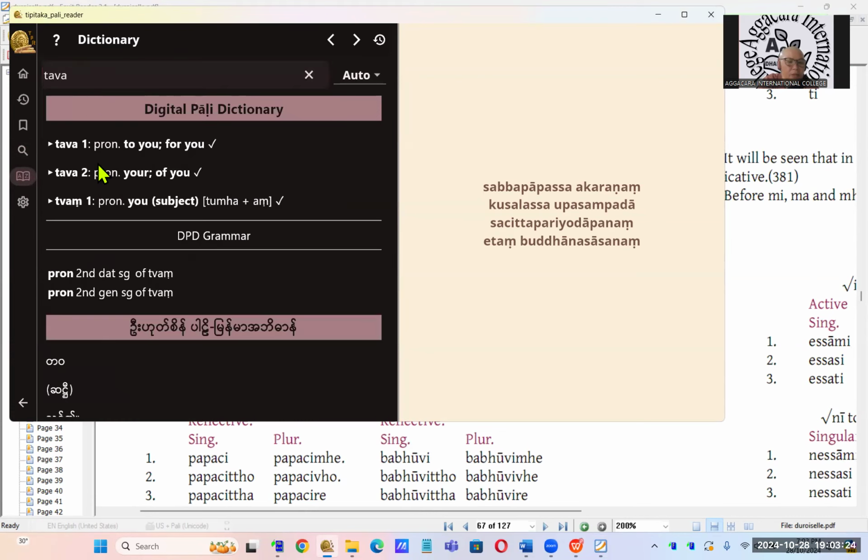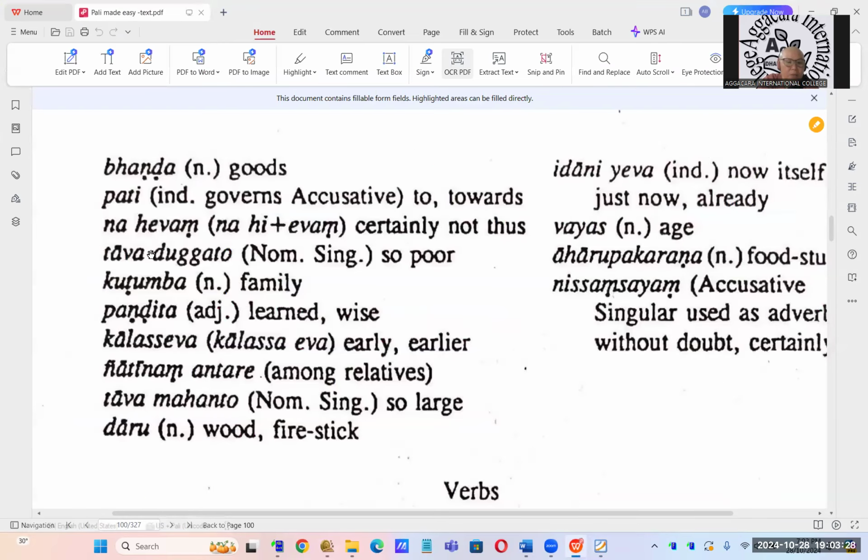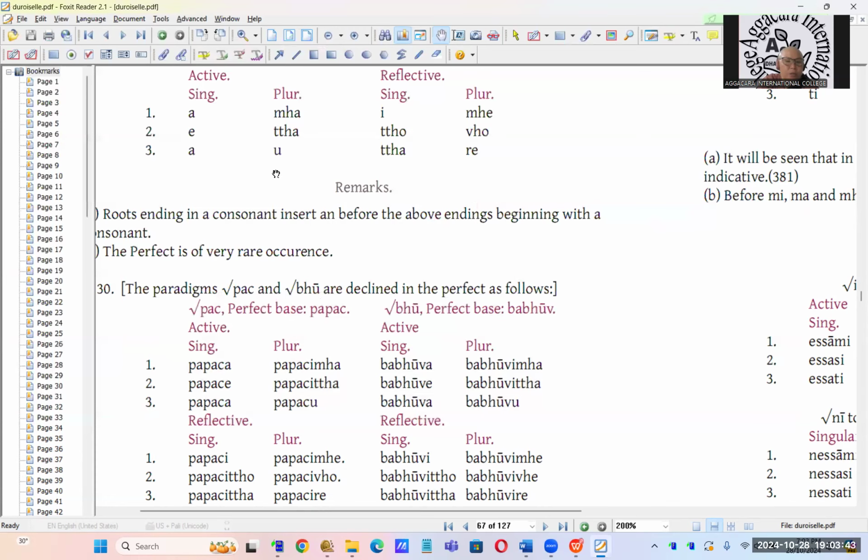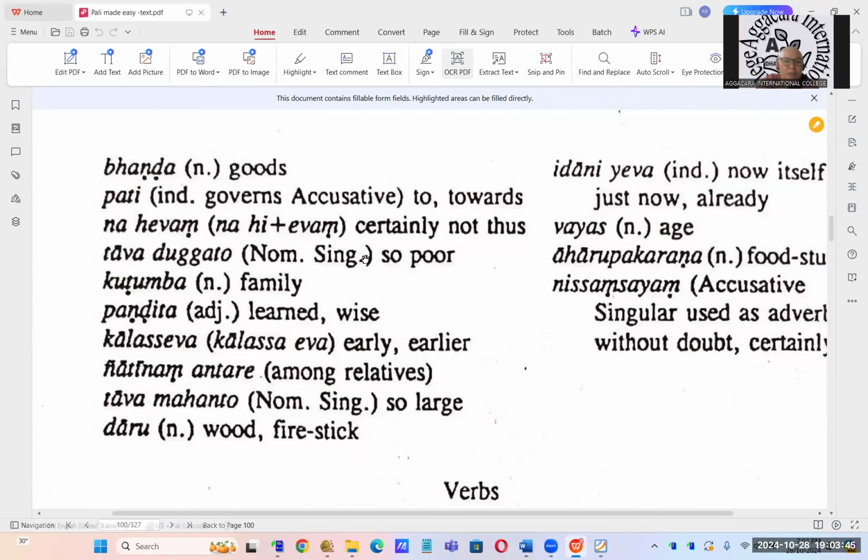But for feminine it's tava. So be careful, because tava looks like tava, whether it's a long a or without the long a. So tava is your. So sometimes I also get confused whether it's tava or tava.